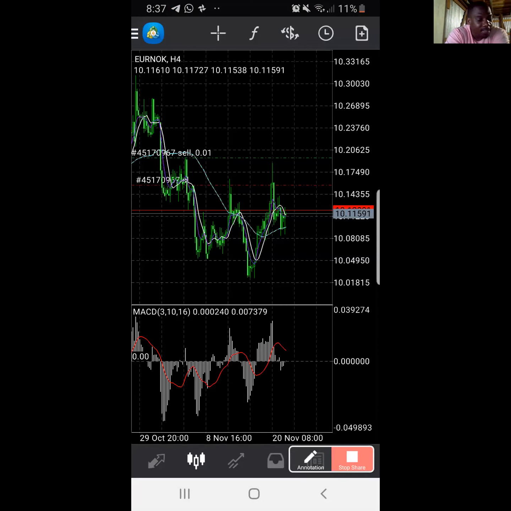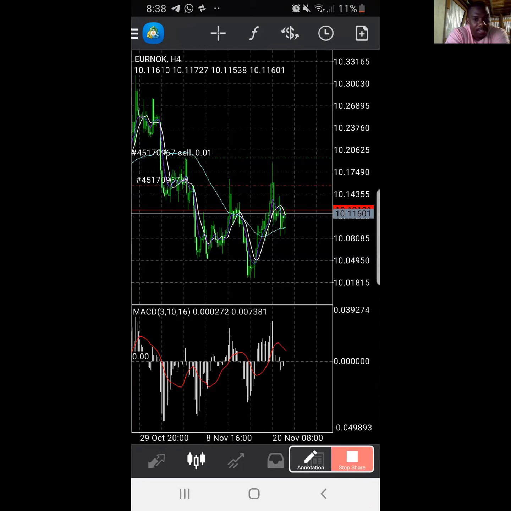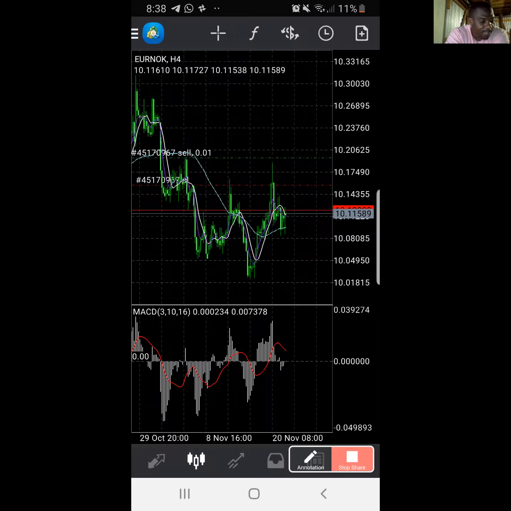When I go back to my chart, you will see the red line came down lower. If price came back and hit that stop loss, the profits in between there, I would see on my account screen. The trade would close and whatever profits you would have made would be yours.